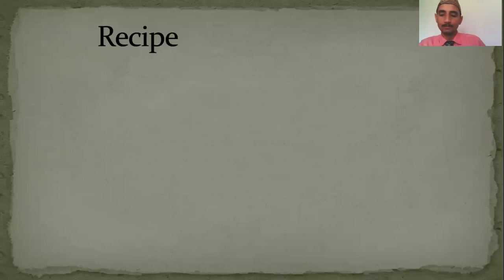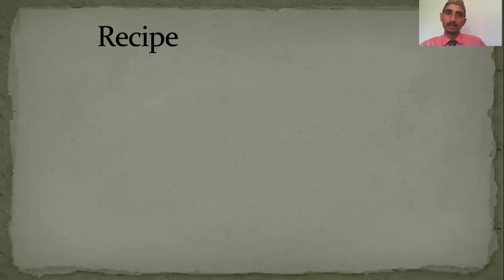Dear young learners, as the next learning item, we have recipe here. Do you know what you mean by recipe? Recipe involves the process of cooking something, different varieties of dishes, and which also has ingredients and utensils.